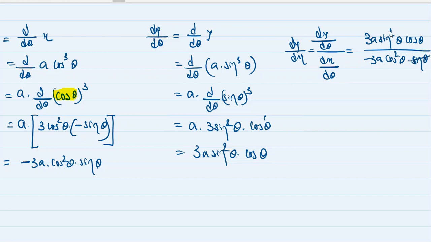So sine theta and sine square theta, the square gets cut, and cos square theta and cos theta gets cut. 3a gets cut, and we get minus of sine theta upon cos theta, that is minus tan theta.